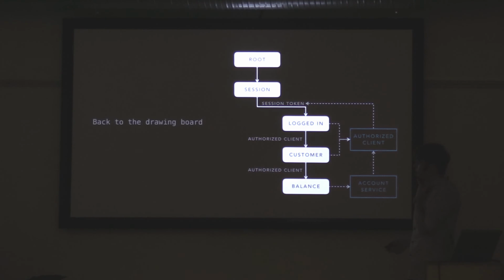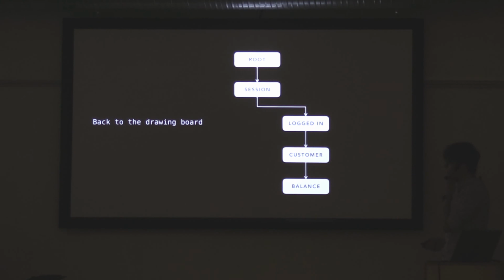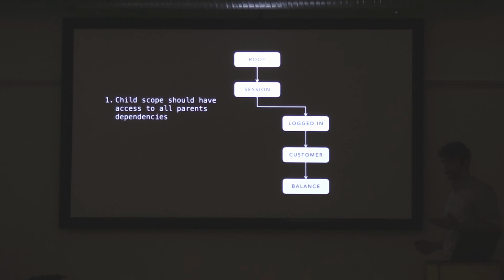I think we have to go back to the drawing board and figure out what we see here. Well, we're discussing the scopes. So first, a child scope should be able to access its parent dependencies. In this case, the balance should access customer dependencies or somehow inherit them.